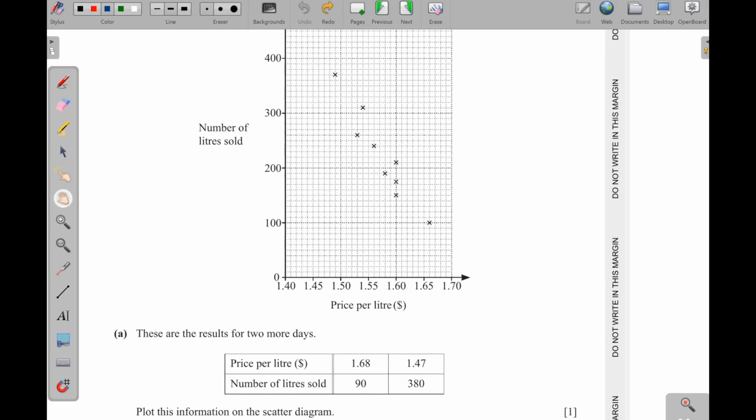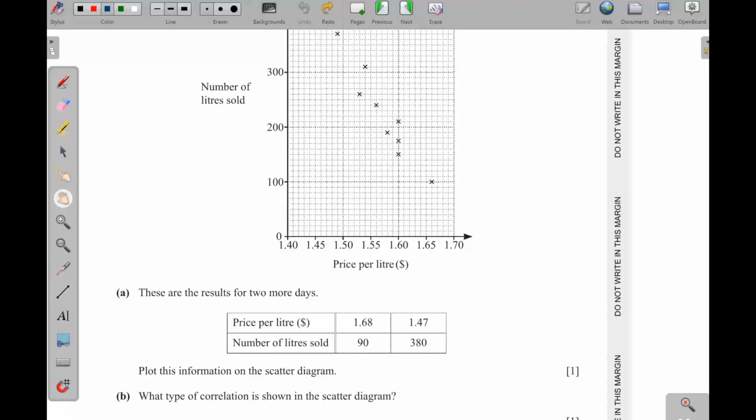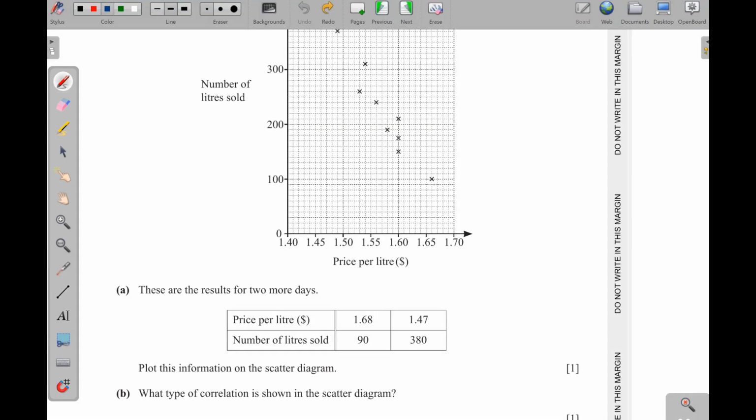Part A, they're saying these are the results for 2 more days. And we are supposed to plot this information on the scatter diagram. So we have price per liter is 1.68. We need to know the equivalence of a small box here. One small box is equivalent to... These are 5.